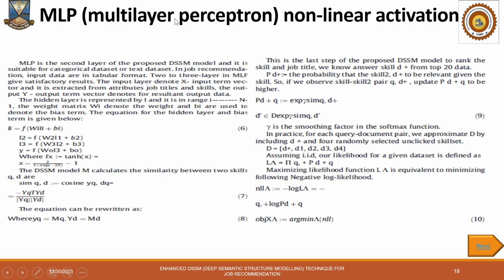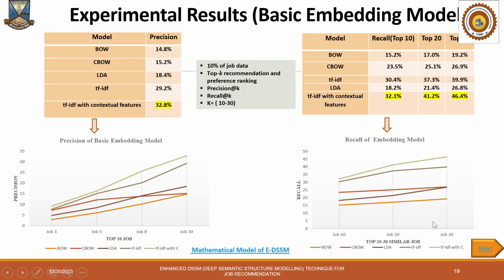Second, my MLP layer, the non-linear activation layer, is suitable for categorical data sets, and it provides different layers with added biases B0, B1 and B2, and at the end it computes the similarity score.